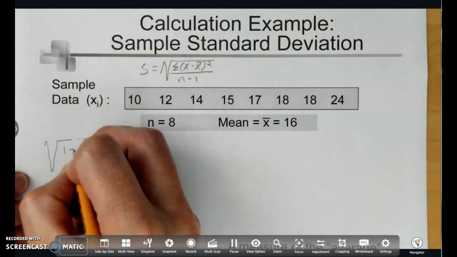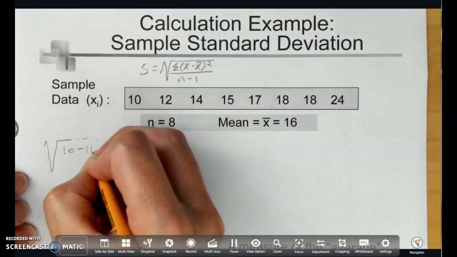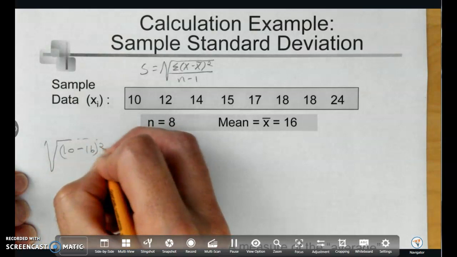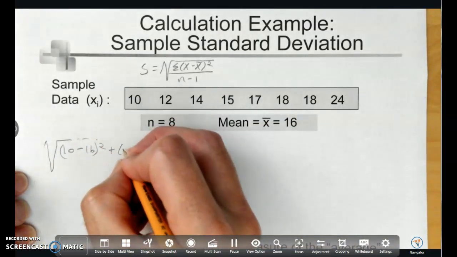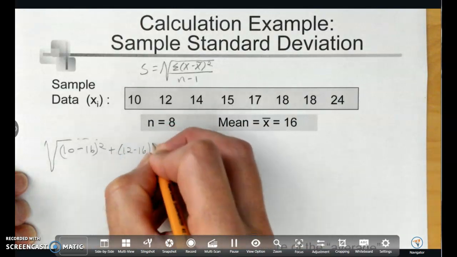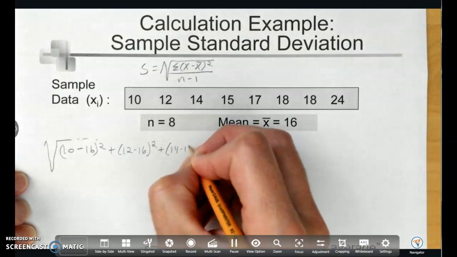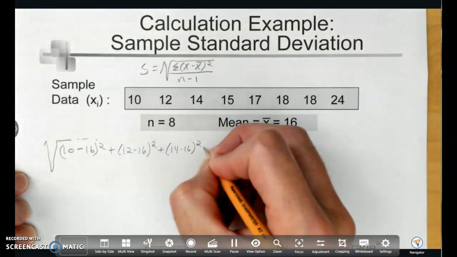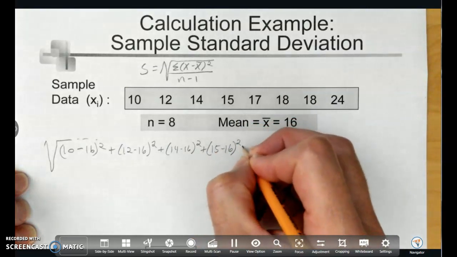of 10 minus, 10 is our first data point, 16 squared. We add to that 12 minus 16 squared. We add to that 14 minus 16 squared. We add to that 15 minus 16 squared.